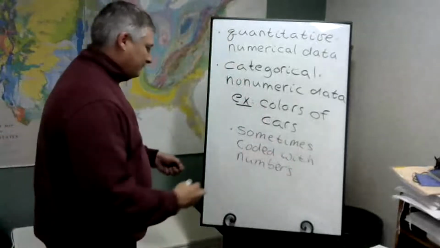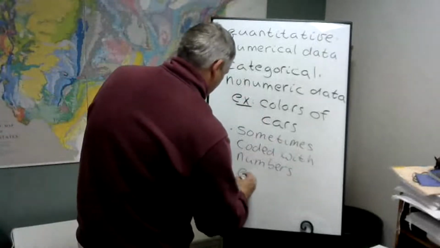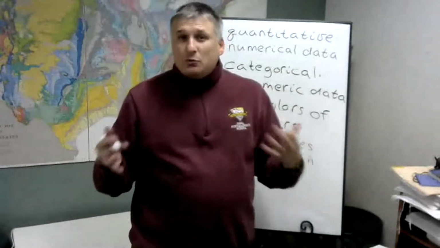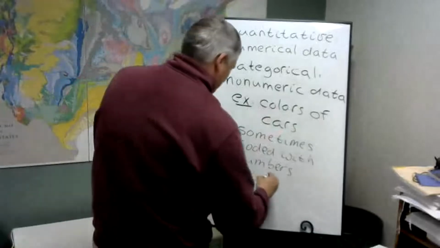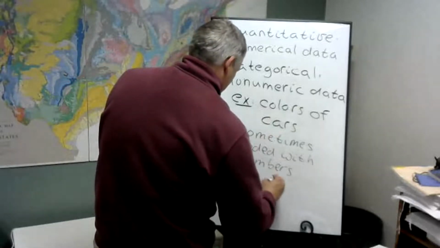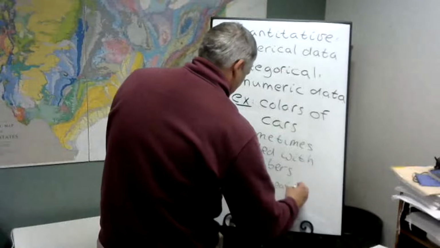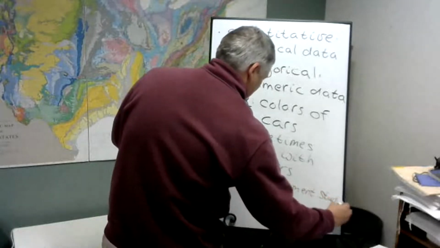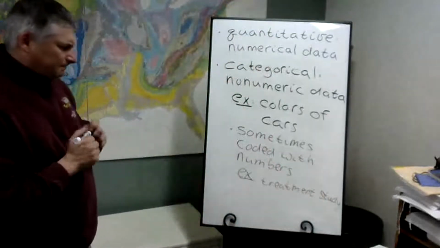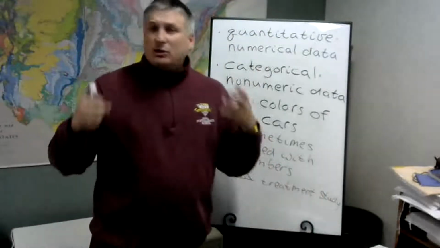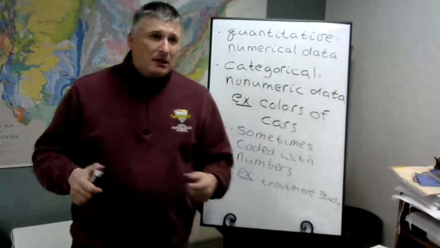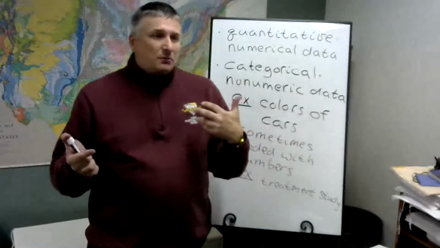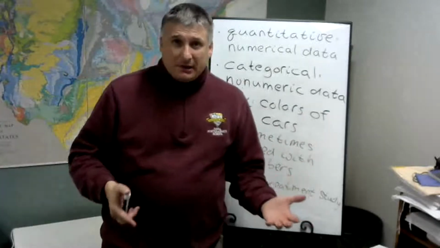For example, let's say you're doing a drug study, you're testing some new treatment. And for various reasons, you want to code patients' names. There's reasons for doing this. It's a way of sort of keeping bias out of a study.